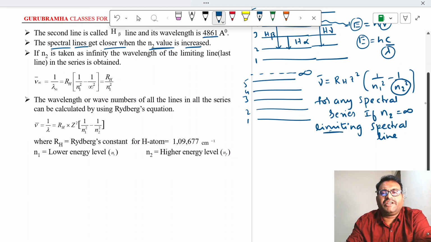It is applicable for any spectral series. Five series of spectral lines we have seen: Lyman, Balmer, Paschen, Brackett, and Pfund. For every series, it is applicable.